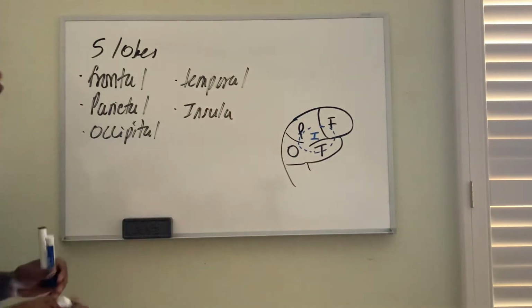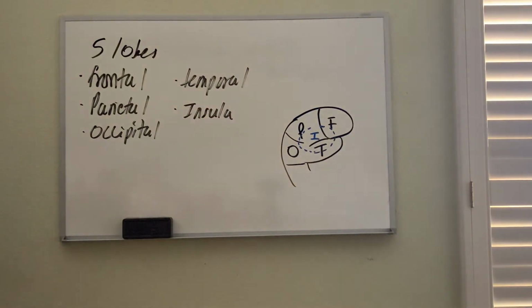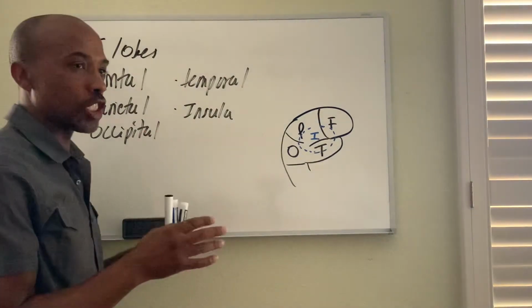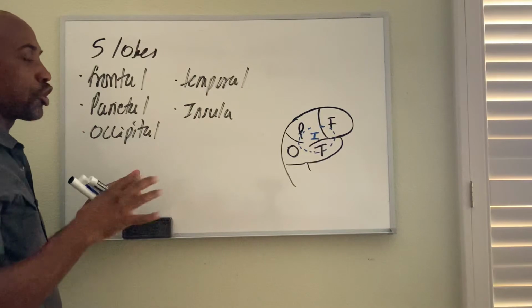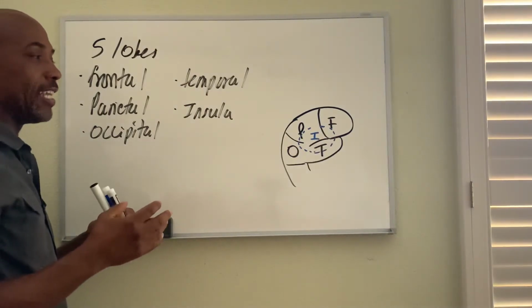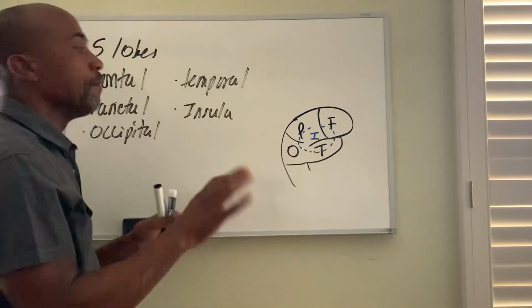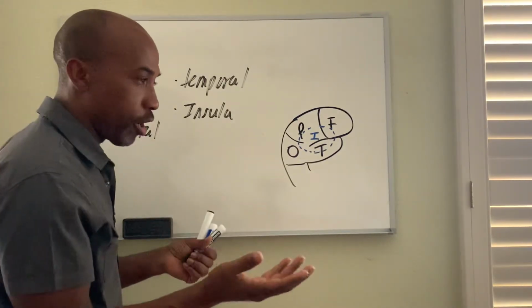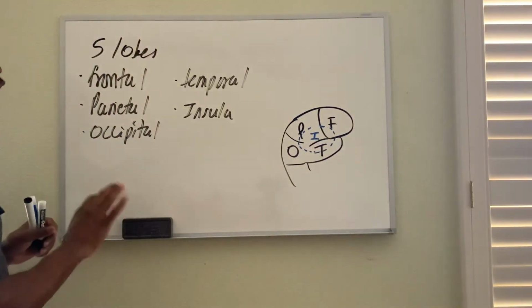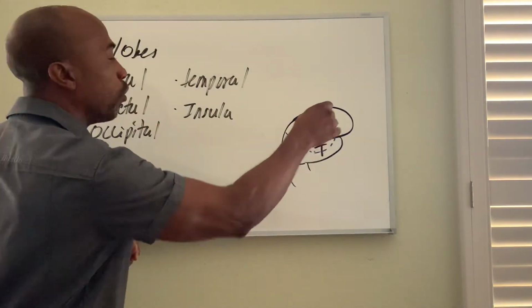So there's 5 lobes you have. Now these lobes do different things. The brain is interconnected. No one thing is only done by one area, but some things are done more by one area than other areas. So let's quickly give an overview of what each lobe is known for.